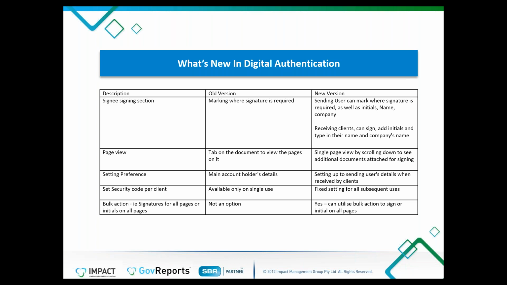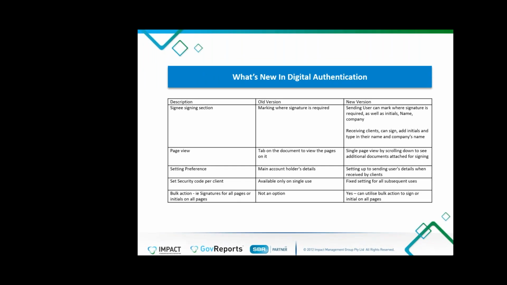Previously, when you had multiple documents in the old version, you'd have to tab through the document to view the pages on it. Now you're able to scroll down to see the additional documents for signing. With our preference settings, in the old version, the main account holder details were the controlling preference. Now you can also choose between the main account holder and the sending user details.